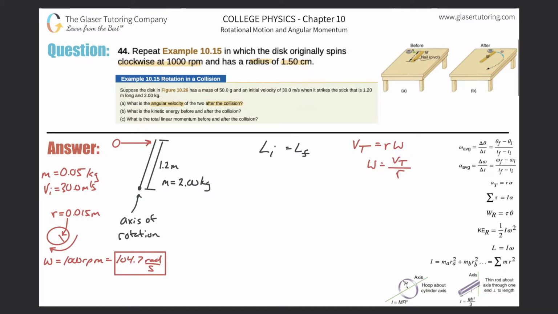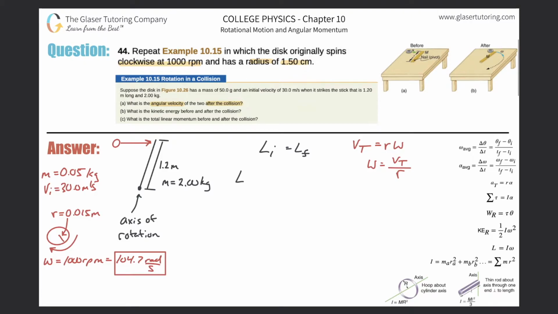So I can translate this linear velocity into an angular velocity. In the initial case, I have an initial angular velocity of this disk.